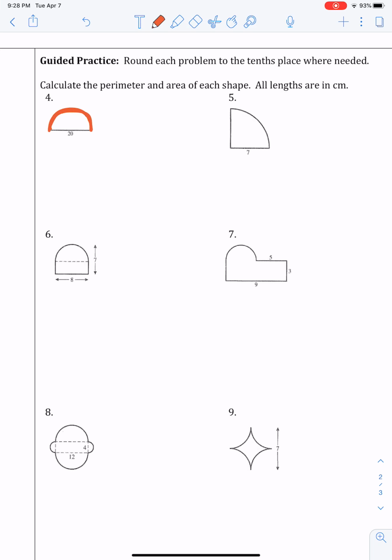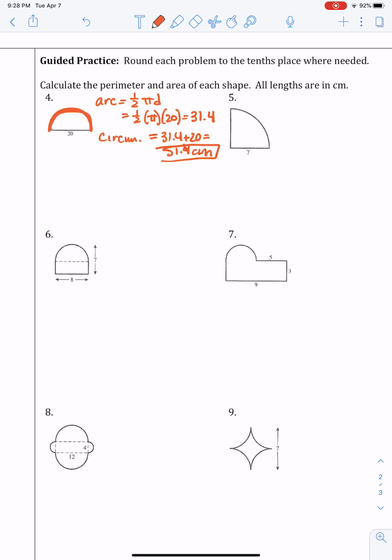The circumference of this, we're going to call it the arc, equals half pi d, right? That's half of pi times 20. That's 31.4. So then the circumference equals 31.4 plus 20, which is 51.4 centimeters.